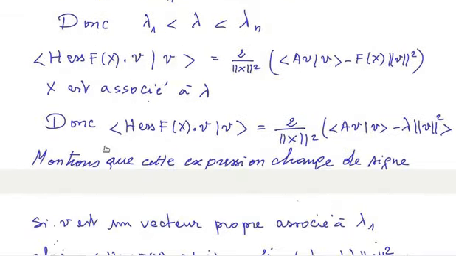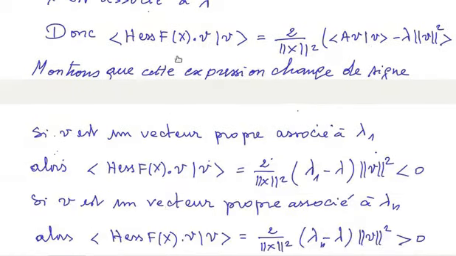So if we are at a point x, which is a critical point, it will be associated with an eigenvalue lambda, since it is an eigenvector of A. In this case, the Hessian at this point will be written as 2 over the norm of x squared, Av scalar v minus lambda f of x norm of v squared, showing that it changes sign.